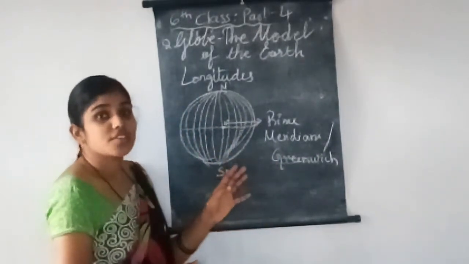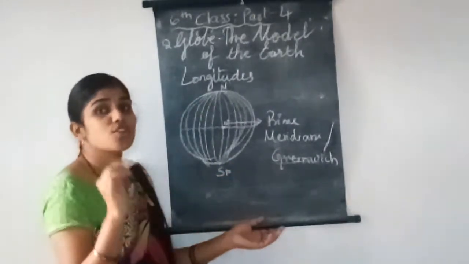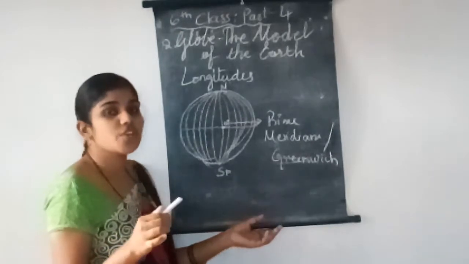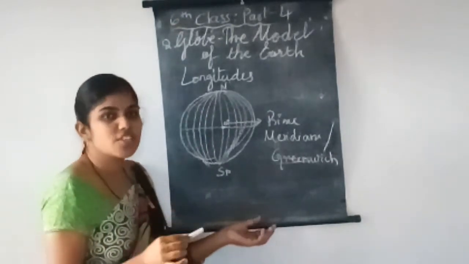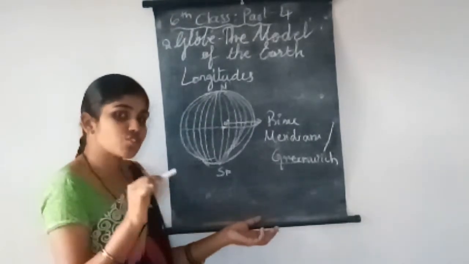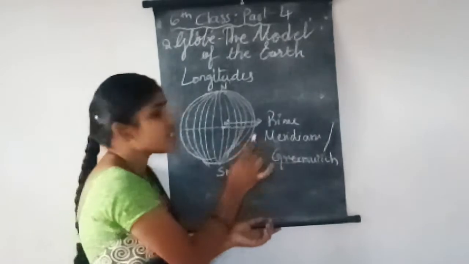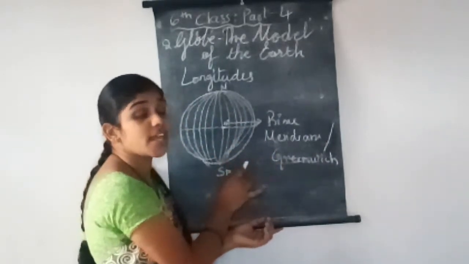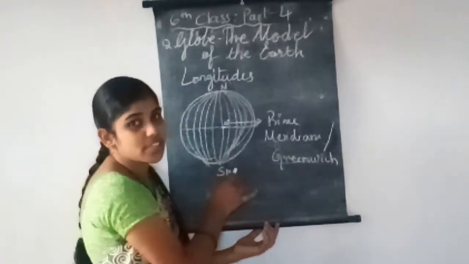So why have we taken this as 0 degrees longitude? Because it passes through the place called Greenwich, and the sun rises first on the earth at Greenwich. We already discussed that longitudes help us identify the time of the place.